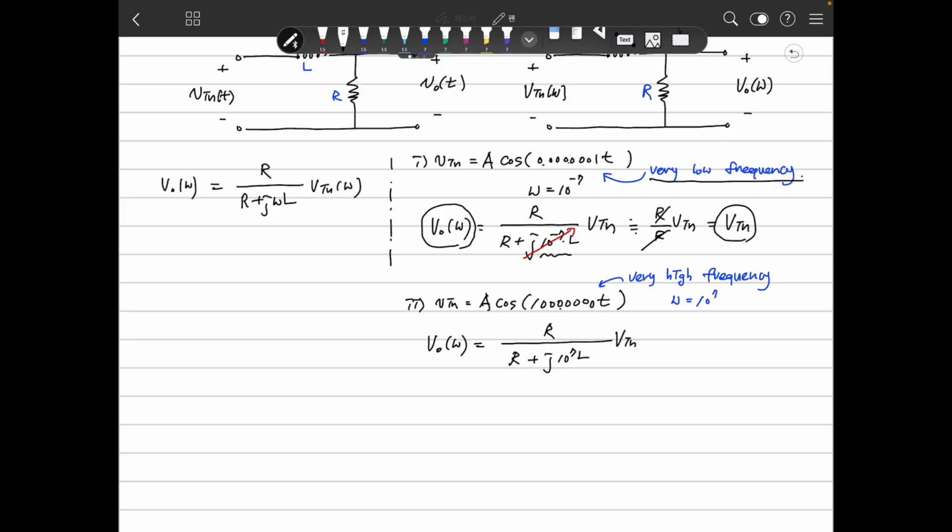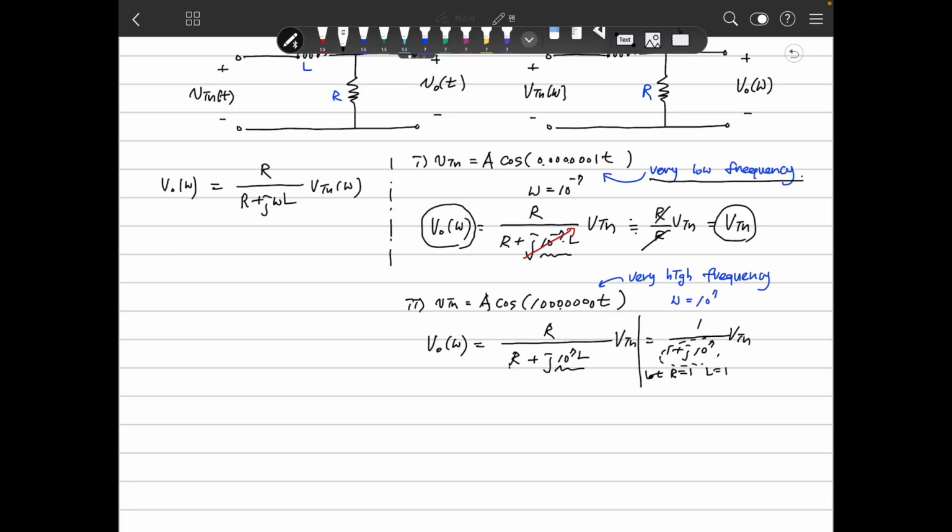Actually, we need to define the R and L values, but let R be 1 and L be 1. Then the magnitude of that is very huge compared to here. So it will be 1 over 1 plus j 10^7, times V in.